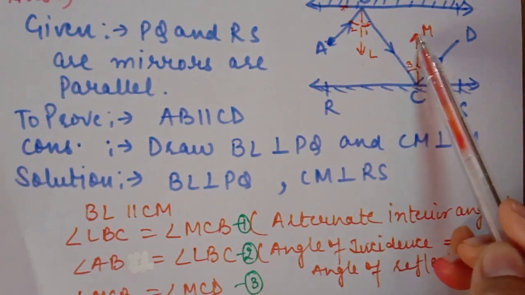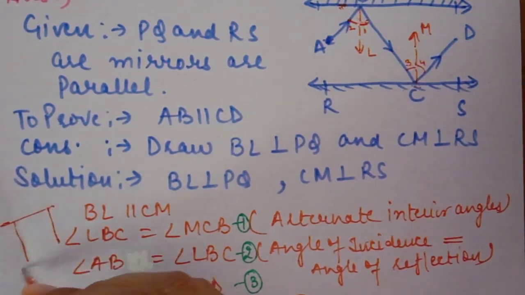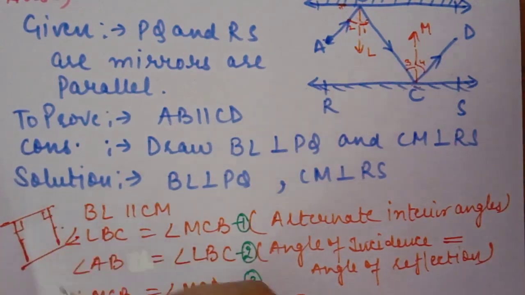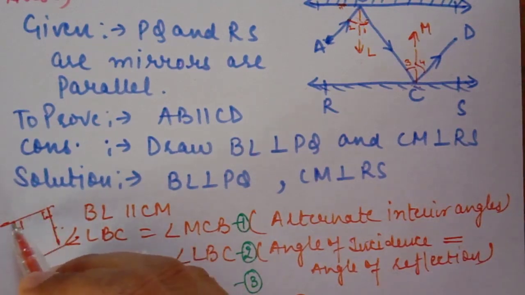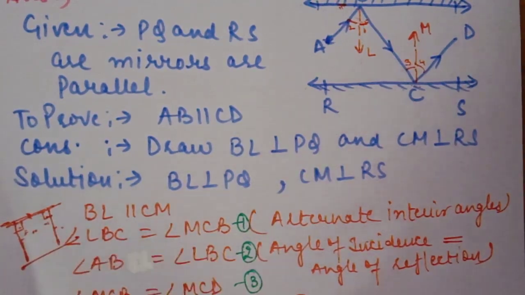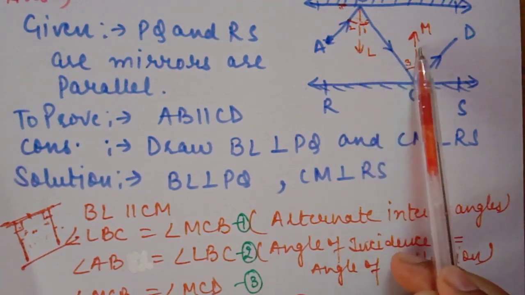If we draw two perpendicular lines on two surfaces, then definitely they are parallel, because this is 90 degree, this is also 90 degree, 90 plus 90 is 180. If the interior angles on the same side of a transversal add up to 180 degree, co-interior angles, then these two lines are parallel to each other. We also proved a theorem related to this reason. So definitely these two perpendiculars are parallel to each other.